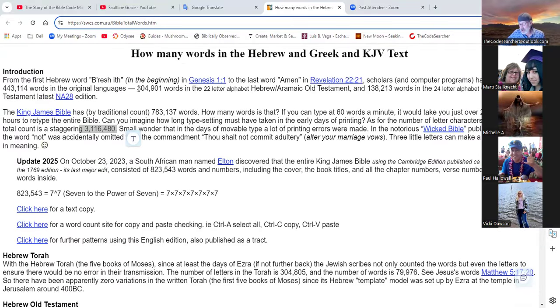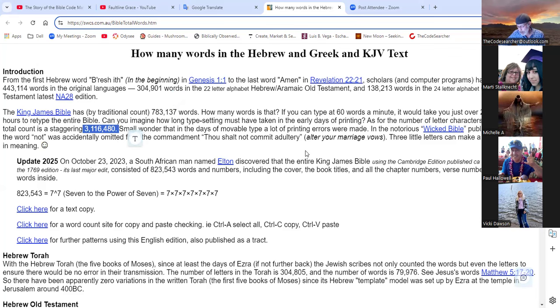We're talking about 304,900 in the Masoretic, the old Hebrew and Aramaic, not the New Testament, the old Aramaic Masoretic, 304,901 letters.